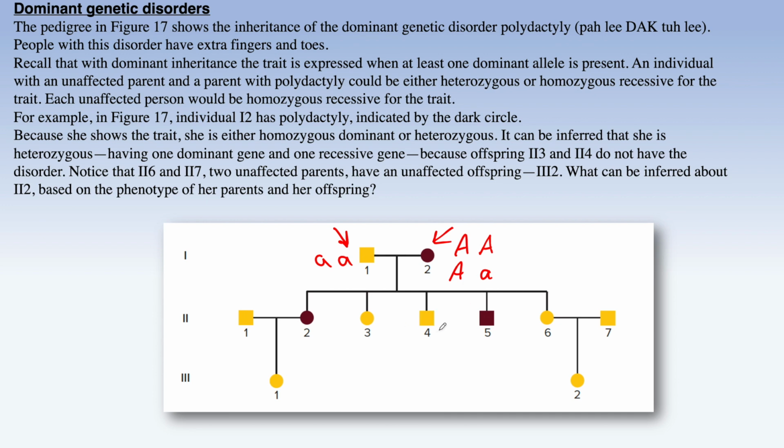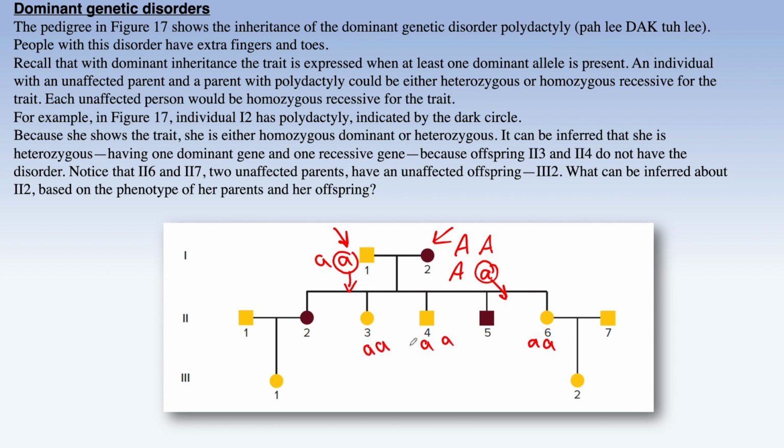Now, what about 3, 4, and 6? They took for sure the recessive allele from their dad, and because they are unaffected, for sure they took from their mom what? Also the recessive allele. So their genotype, 6 and 4 and 3, is what?